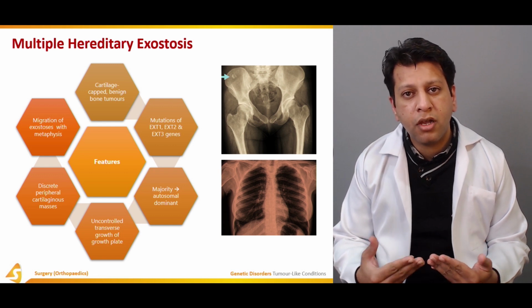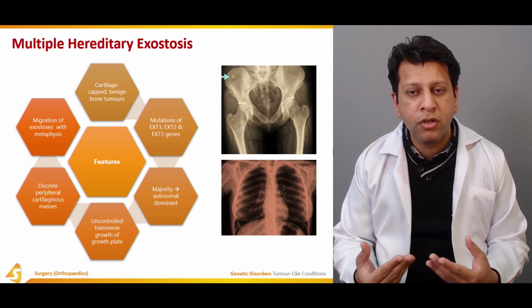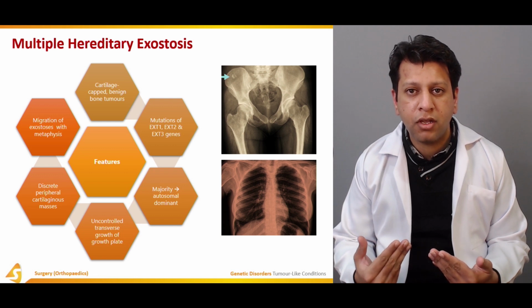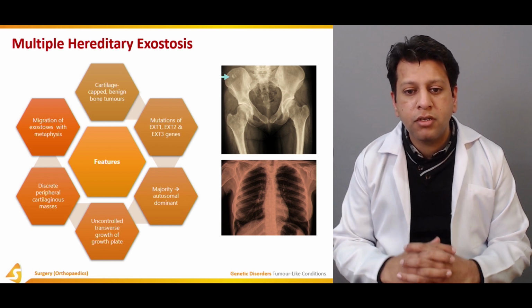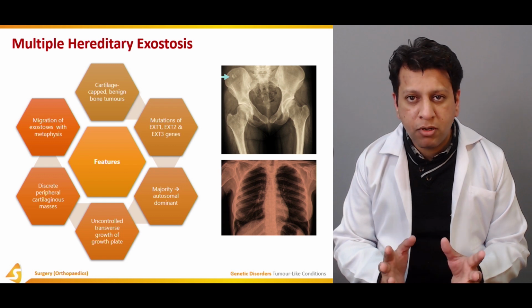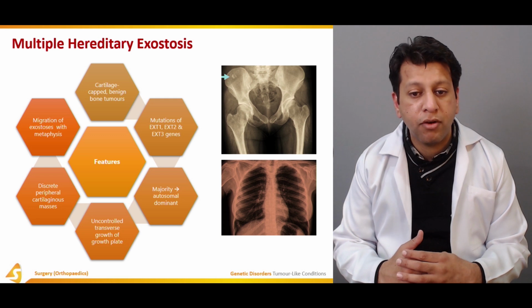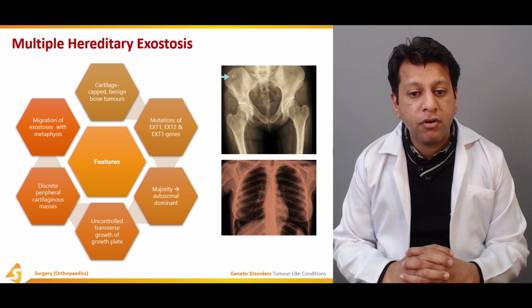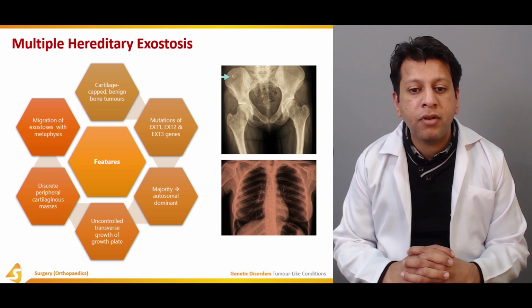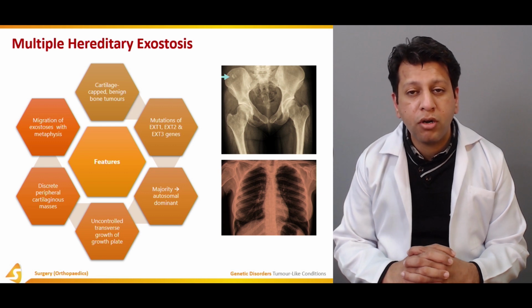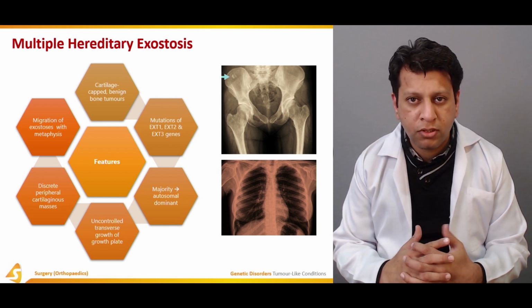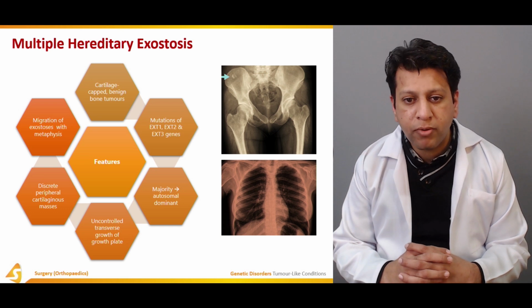They may present as outpouchings or growth of the bone near the physis, in the metaphyseal area. They may be multiple in a single bone. They may also be present in other bones of the body. These are discrete peripheral cartilaginous masses. The important point is, although they're bony outgrowths, they have a cartilage cap over them.